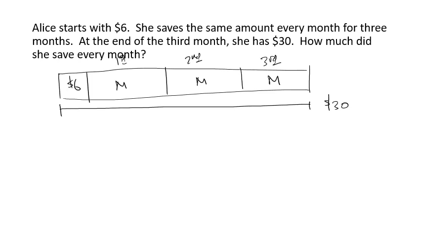So this is how we're going to start off with our strip diagram, and you can kind of see the equation that we have because we've got the strip sort of by its area, the 6 plus the M plus the M plus the M, but also by this length of 30. So the equation that is implicit to this is 6 plus 3M equals 30.